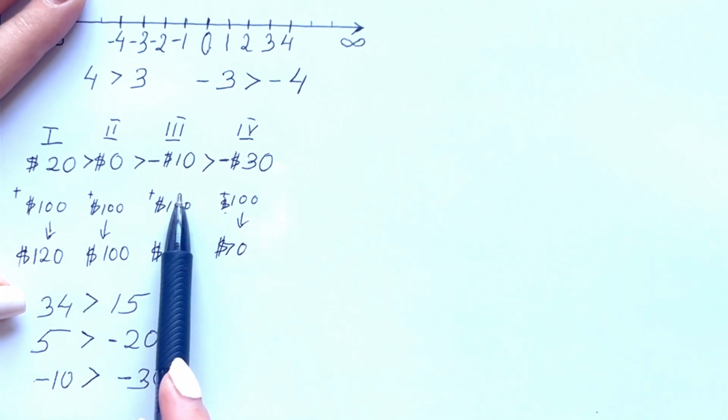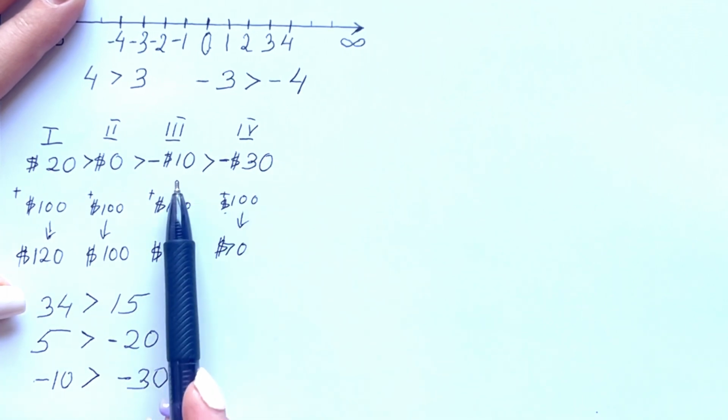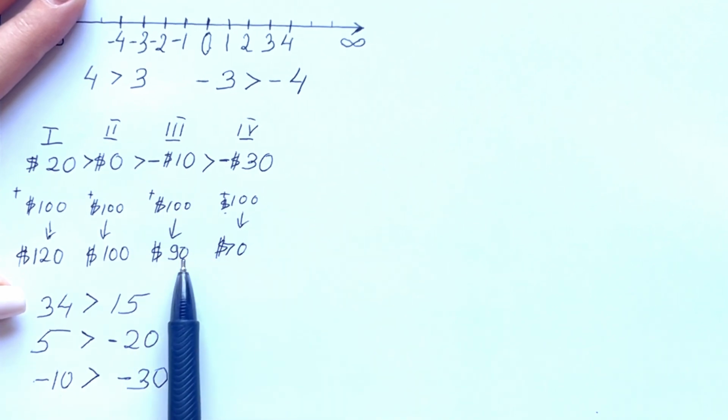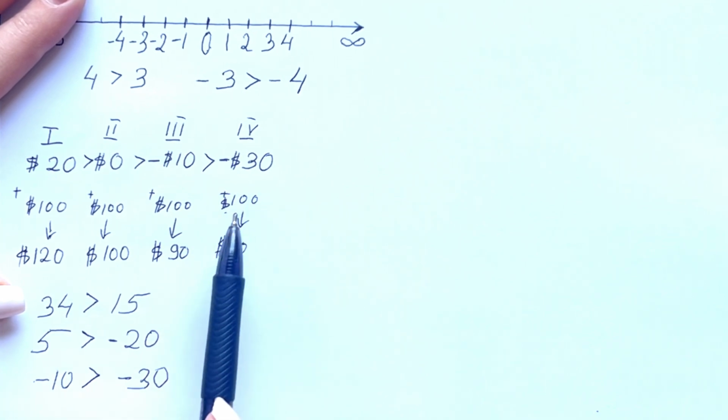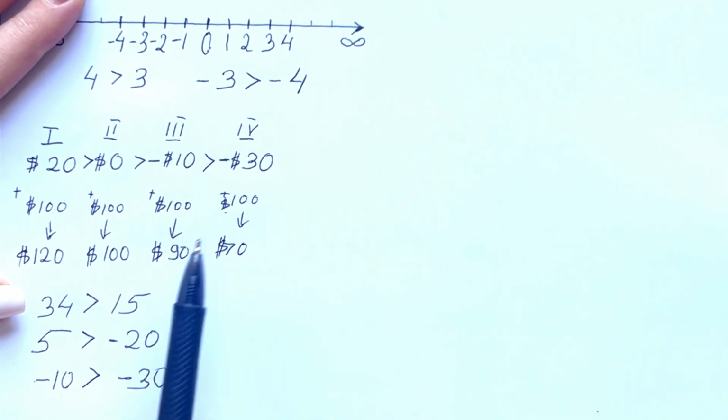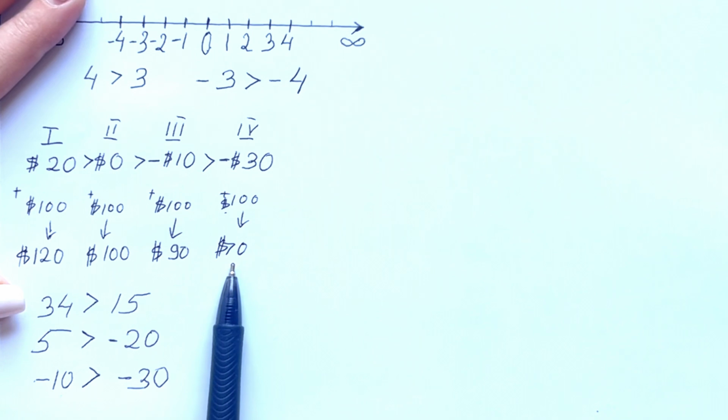And you see from the example, when it's negative 10, you're going to give 10 back and you're going to have $90. If it's negative 30, you're going to give $30 and have $70. It means if the number is smaller and has a negative sign, actually that number is greater.